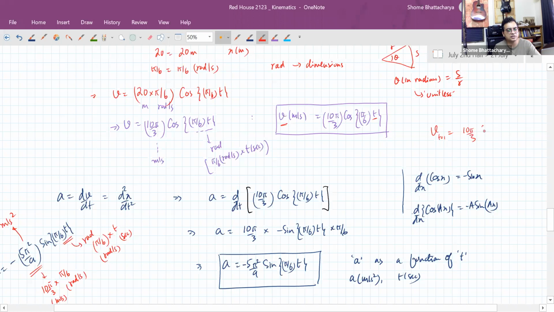So it will become 10 pi by 3 cos pi by 6 into 1. So it will be this. When we are substituting for t equal to, let's say, 2 seconds, we'll substitute t inside that bracket as 2 seconds. So it's pi by 6 into 2. So that's how that's becoming pi by 3. So like that. Hope this point is clear now.